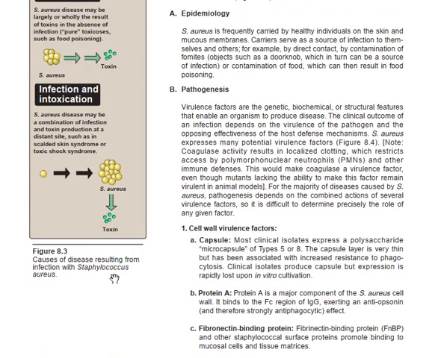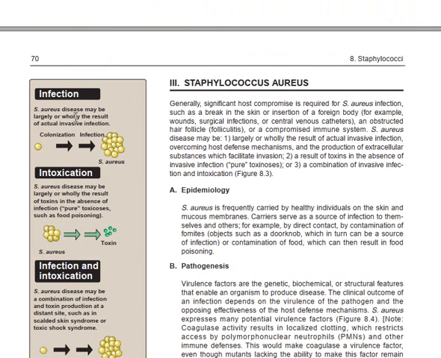Now these are the causes of disease resulting from infection with Staphylococcus aureus. The first thing is that Staphylococcus aureus disease may be largely or wholly the result of an actual invasive infection.